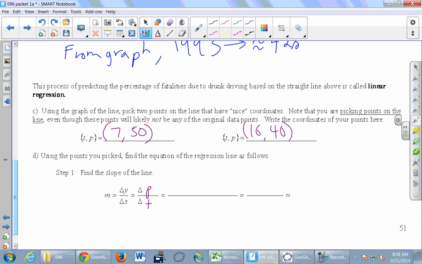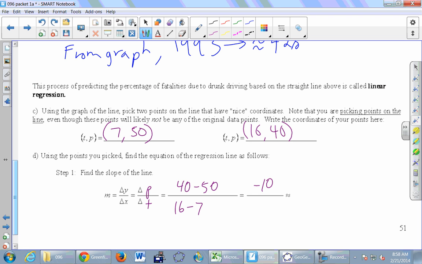What numbers from these points am I subtracting on top? So 40 minus 50, or the other way. And then downstairs, 16 minus 7, or the other way. Okay, so what is that?